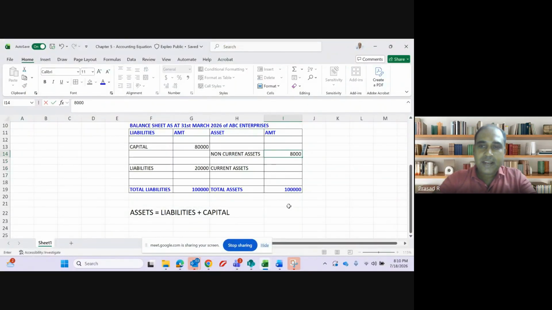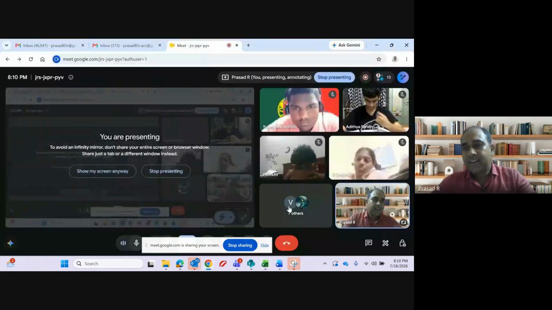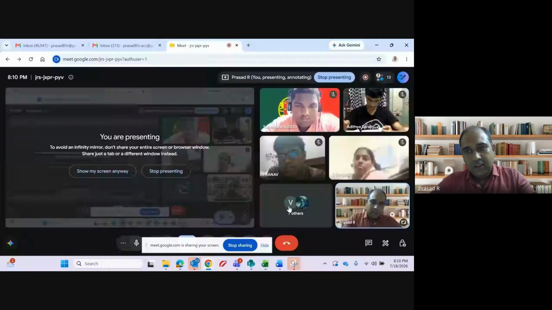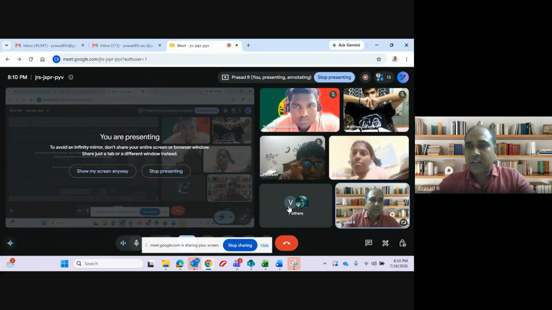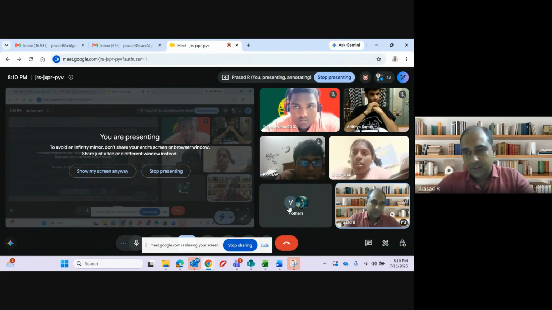So assuming 70,000 is current assets and 30,000 is non-current assets. Current asset examples are debtors and cash balance. Non-current asset examples are building and furniture, which have a life of more than 1 year. A current asset is one which can be converted to cash within 1 year, like debtors, cash, and so on.